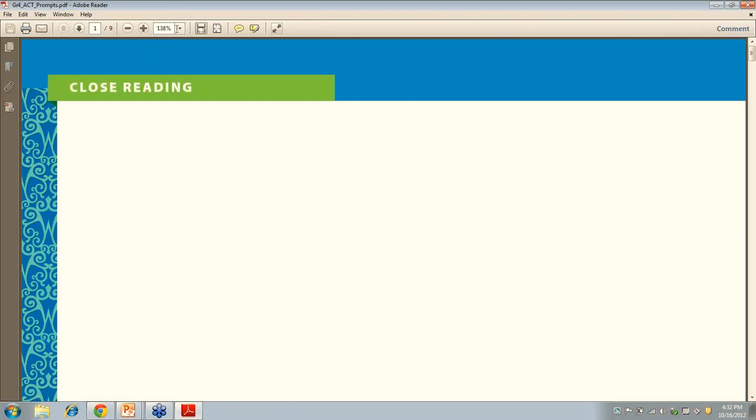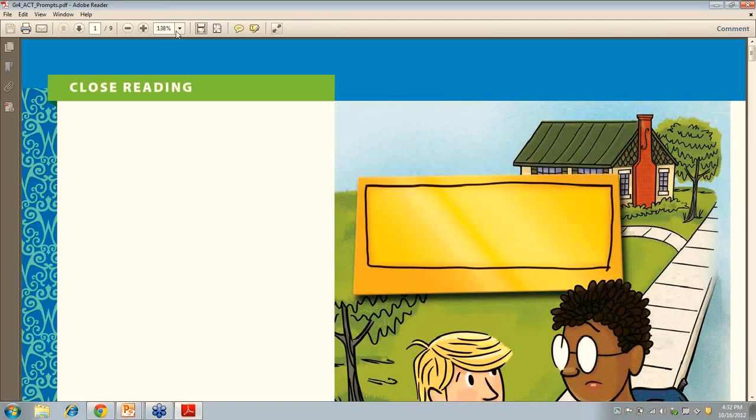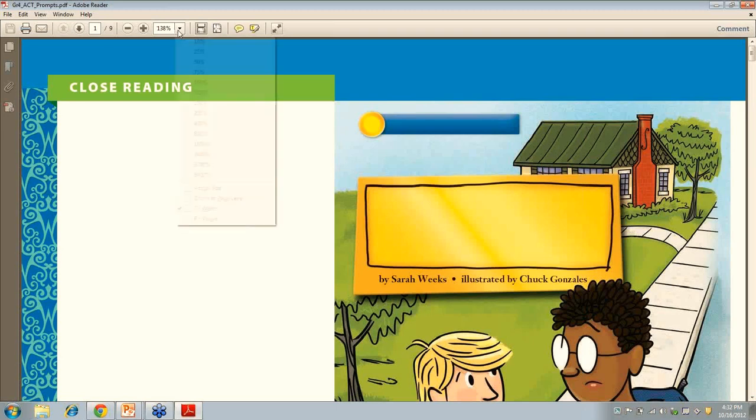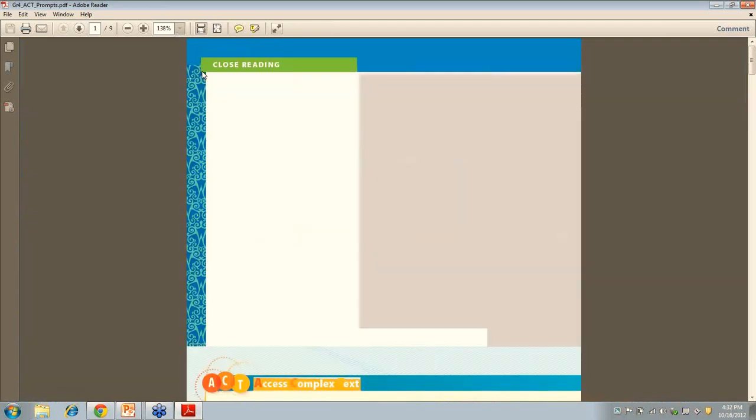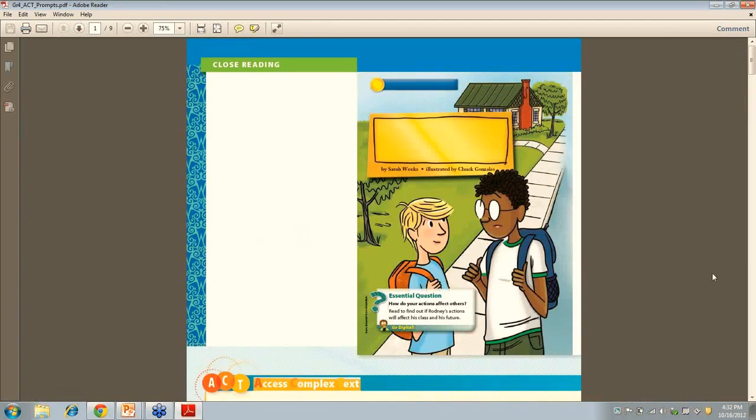Thanks to program authors, Dr. Tim Shanahan and Dr. Doug Fisher, every week, Reading Wonders will clearly identify what makes text complex and, most importantly, what to do about it.